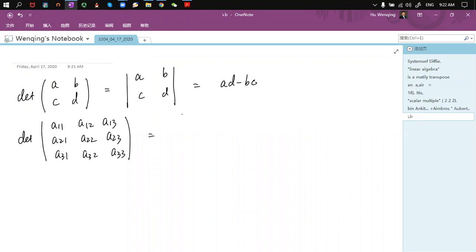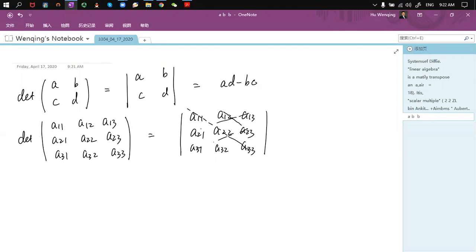One method is to calculate A11, A22, A33, then A12, A23, A31, then A13, A21, and A32. It's the same thing as calculating each of these three products, and they come with positive signs.